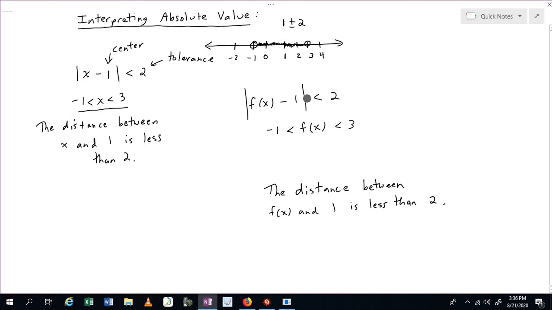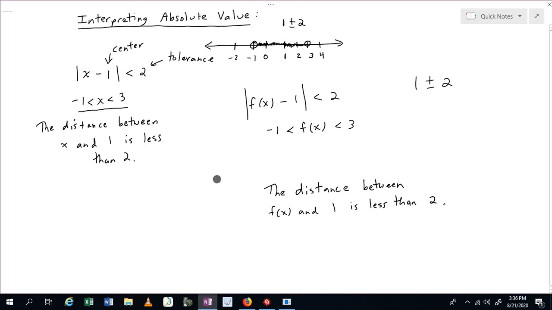You can also think of this as being centered at 1 with a tolerance of 2, and that's how you get this interval. But in this case, f of x is trapped between these two numbers and not x. And the other interpretation is that the distance between f of x and 1 has to be less than 2. But again, it's the distance between f of x and 1, not x and 1.